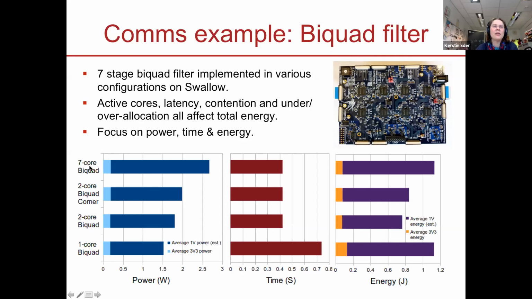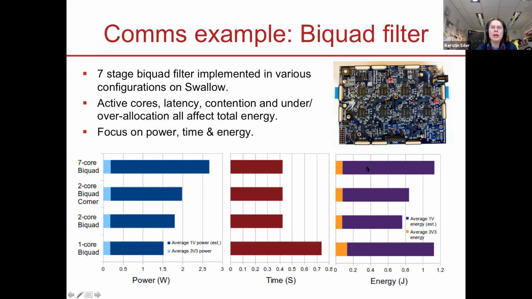Okay, so the 7-core version is an interesting one. I basically have the pipeline least full, because I'm only using 1 thread per core. And that gives me quite a high power dissipation. The execution time is the minimum that I can achieve, because each thread goes through on its own.